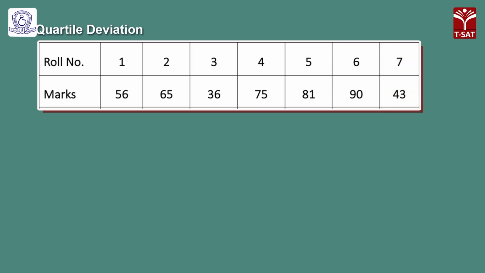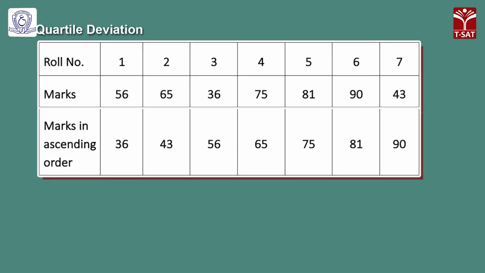Now let us see how to calculate the quartile deviation. The first step is to arrange the marks secured by the students in ascending order. So draw a table and write the marks in ascending order: 36, 43, 56, 65, 75, 81 and 90.